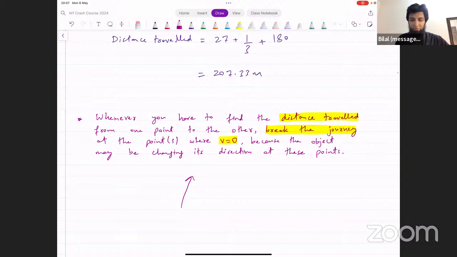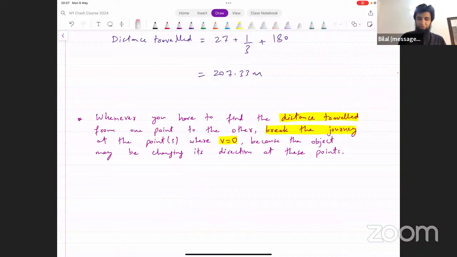So whenever you have to find distance traveled, you always put velocity equal to 0 to check if the direction of motion is changing at any point. If it is changing, you have to break your journey into parts at that particular point. Okay, so when you input limits, break those limits at that part.